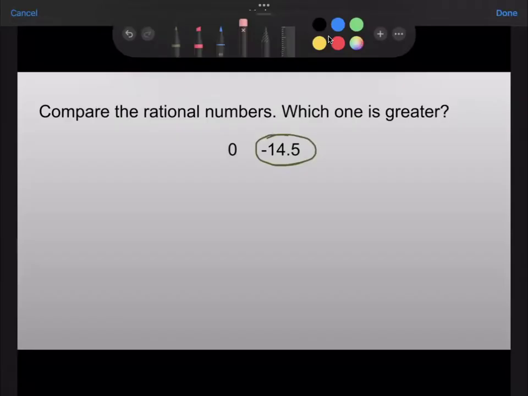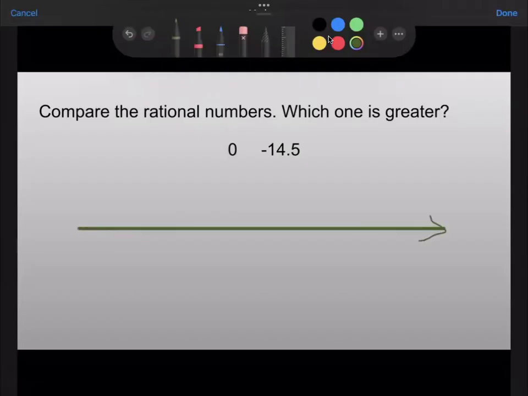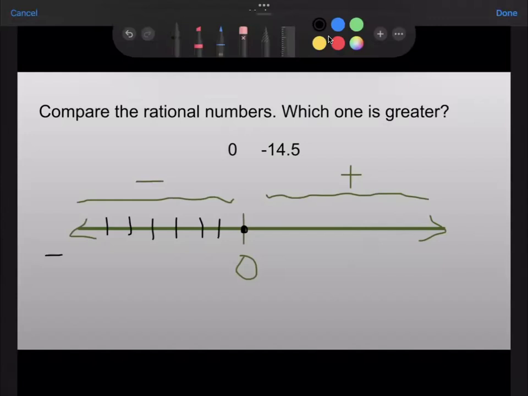So if we sketch out a quick number line and we put 0 in the middle, we know that all the numbers this way are negative and all the numbers this way are positive. So 0 is right in the middle. So I'm going to go ahead and mark that number right there. Negative 14.5 would be somewhere, and I could do a bunch of tick marks here, but it's going to be somewhere in this zone.